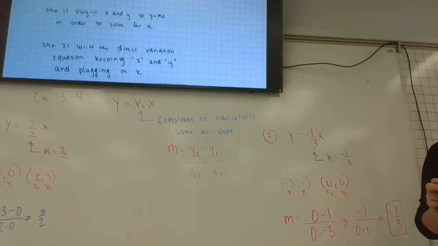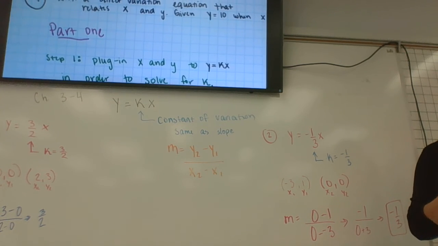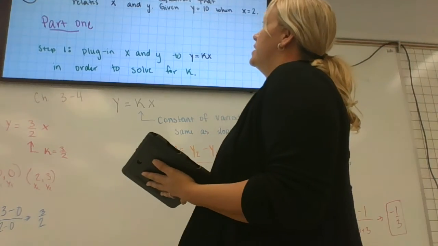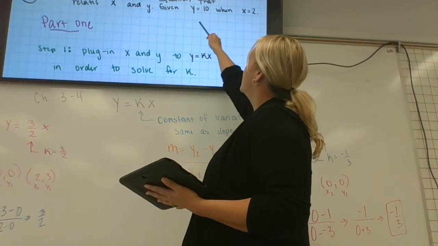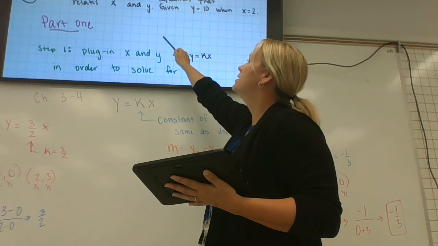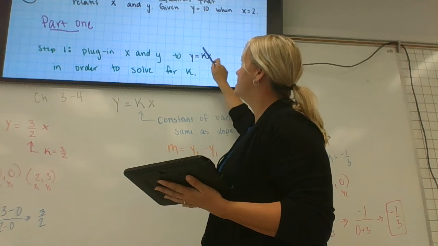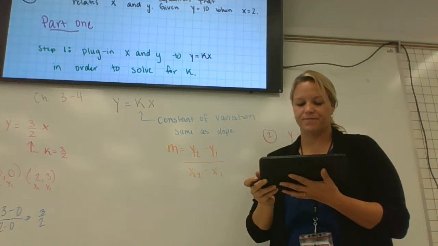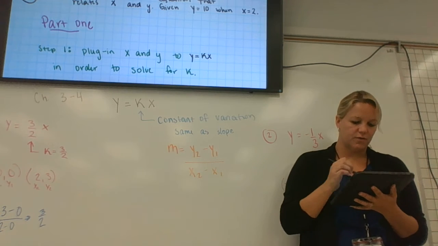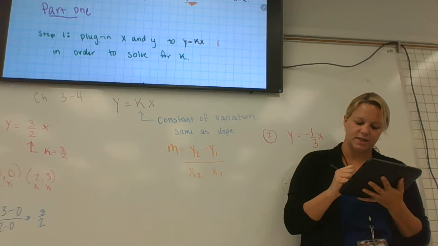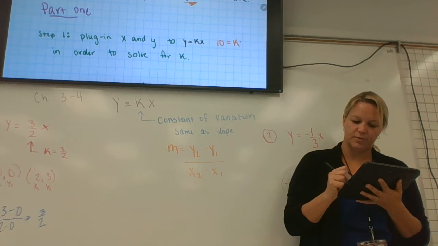Okay, the trickiest part about direct variation is actually writing an equation. So, being able to write an equation just given x and y. This is part 1. What you would do is plug in x and y to this formula, and that would allow you to solve for k. So, looking at the formula, if y is 10, I'll put a 10 in, equals k, and then x is 2, I put a 2 in.